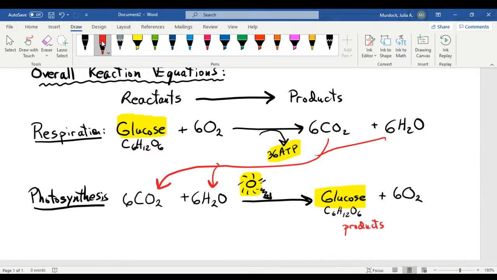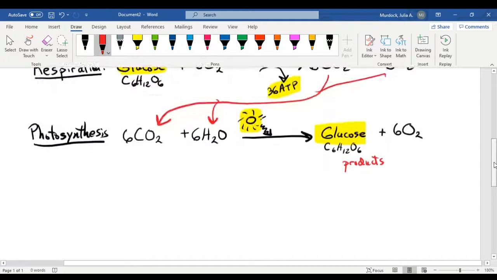Plants need to have a source of carbon from somewhere, and they're getting that carbon from the air around them. And part of that carbon is coming from us breathing out carbon dioxide. So there's kind of a relationship there between respiration and photosynthesis that we'll talk about again. But that also makes it easier to remember those two reaction equations if you understand that one is the reverse of the other.